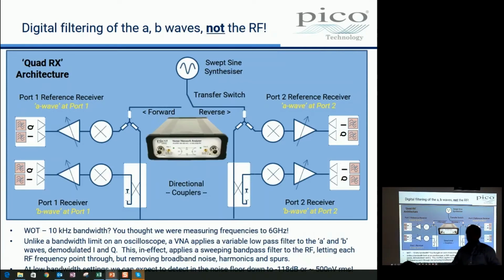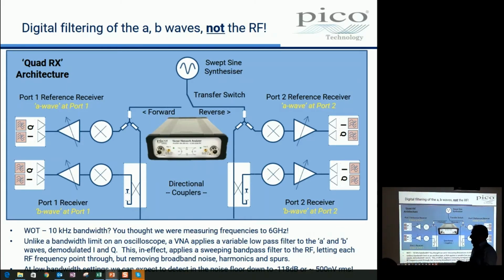All right, so the issue there was that we pushed bandwidth down to 10 hertz from a bandwidth of 10 kilohertz, and we're looking at signals at 6 gigahertz, and this is the concept that I think throws oscilloscope people most easily.